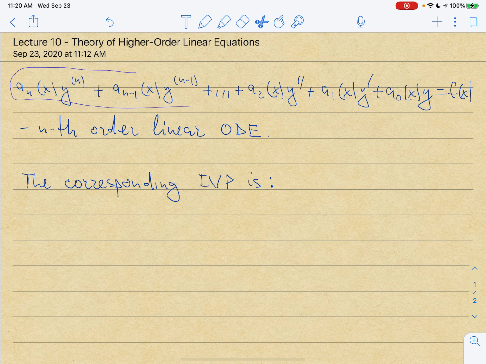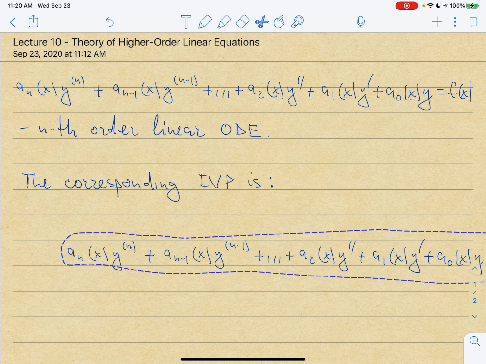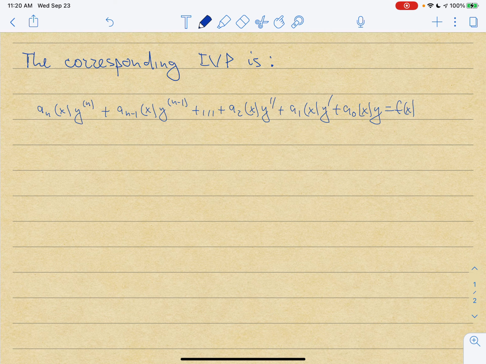The corresponding IVP is going to, as usual, consist of the equation itself, so we can copy it into this new location, plus initial conditions. Because it's an nth order equation, we need n initial conditions. So we start by prescribing y at some initial point x0. That's obviously not enough, that's just one condition. Then we continue, y prime of x0 is equal to y1, you keep going.